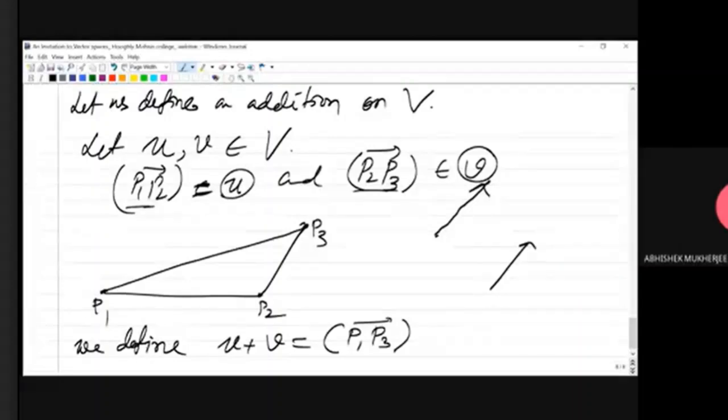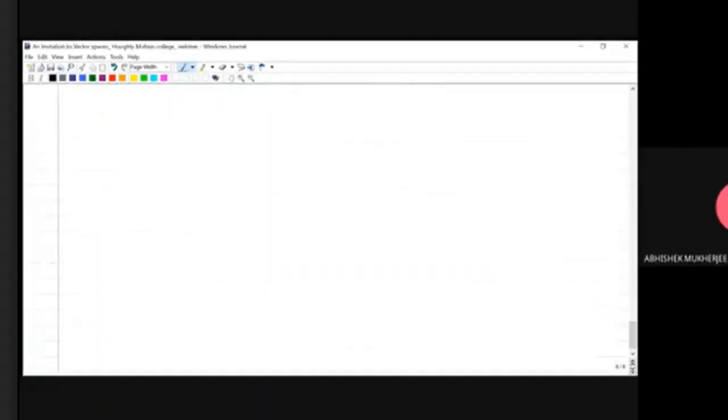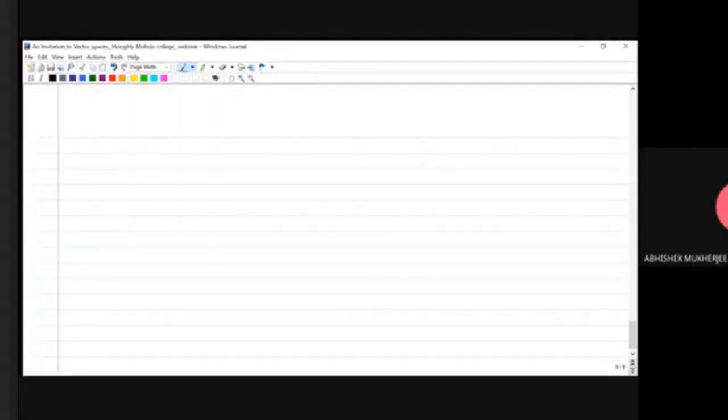Fine. Okay. Now one may ask a question: whenever you are talking about some binary operation, you need to say that it must be well defined, right? Otherwise we cannot work with that. So how can you show that this definition of addition is actually well defined?